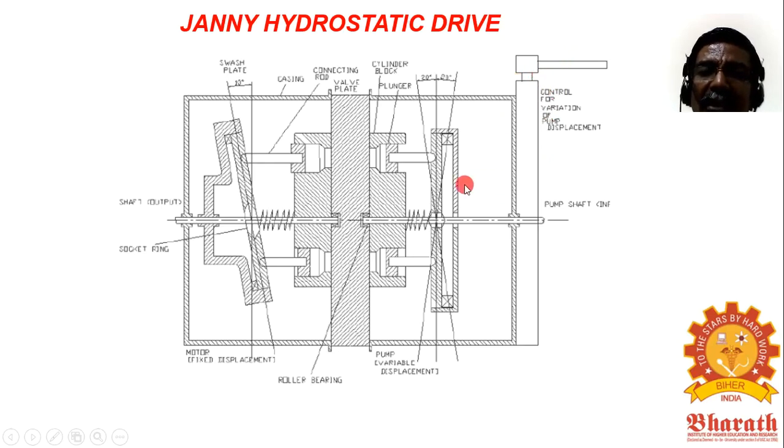By using this lever you can change the swash plate angle in the pump unit either to minus 20 degrees or plus 20 degrees. But as per this diagram, the swash plate is in vertical position, meaning neutral position.